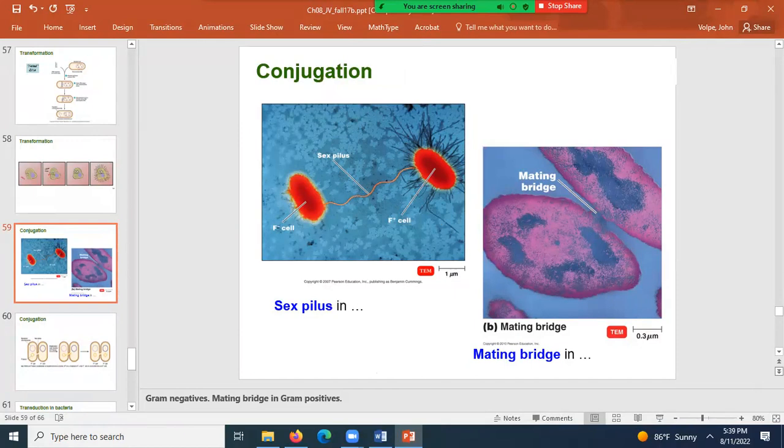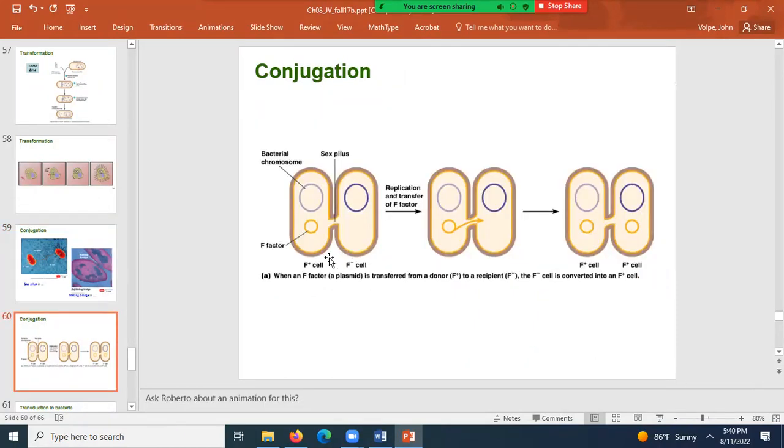So let me go on down here. When the plasmid makes the sex pilus, which will skewer this cell and then can bring them right next to each other, they don't have to be right next to each other because the sex pilus is hollow. And then the F plasmid will replicate itself. So there will be two copies. And then one copy of the F plasmid will move through the sex pilus and into the F minus cell.